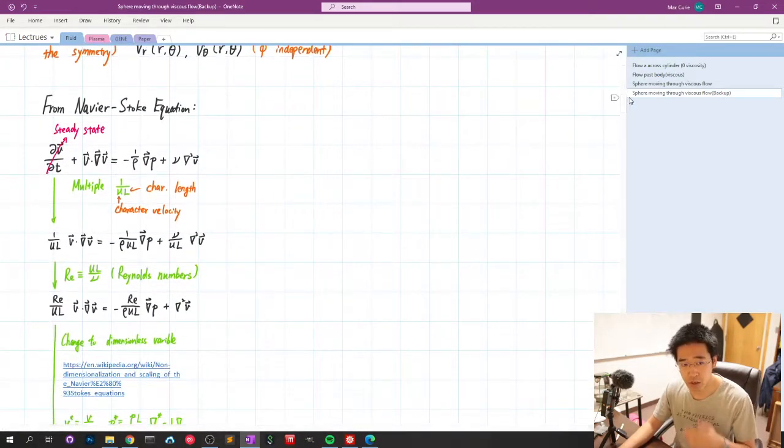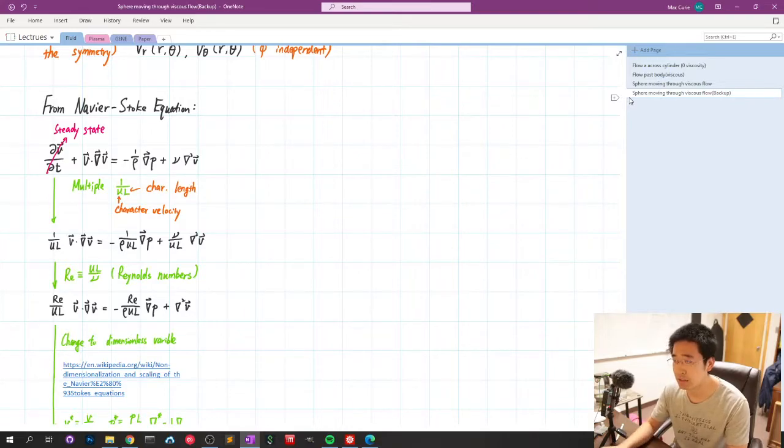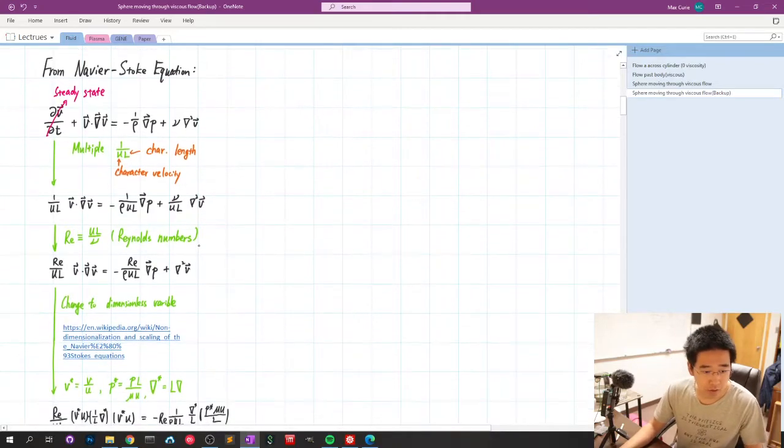So first, we need to look at the Navier-Stokes equation and make it a dimensionless Navier-Stokes equation. This is our Navier-Stokes equation.